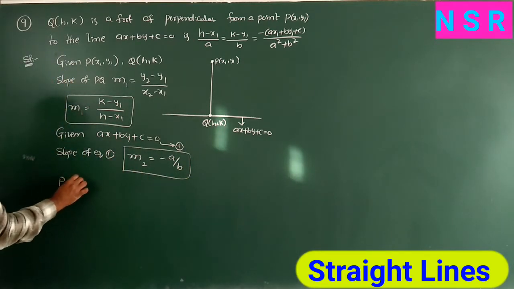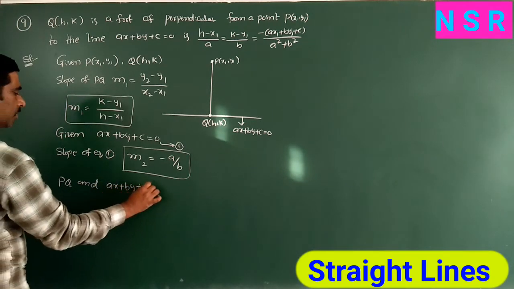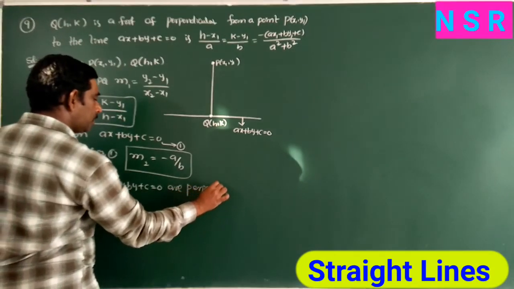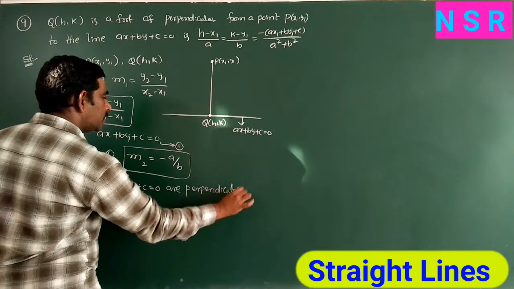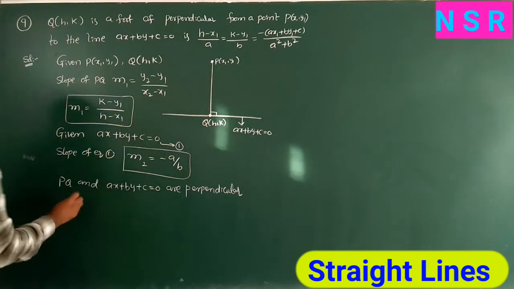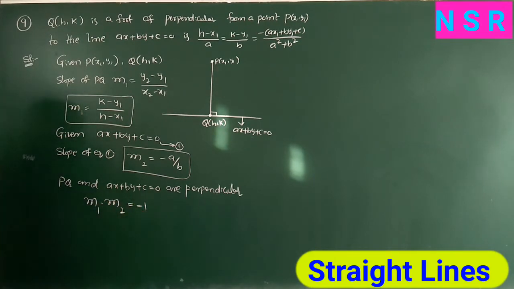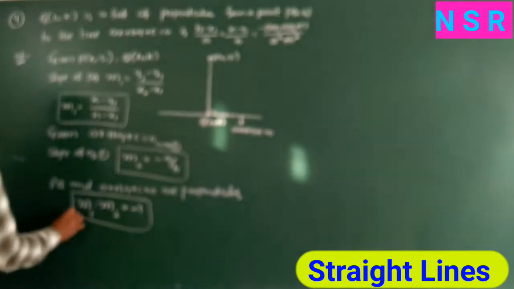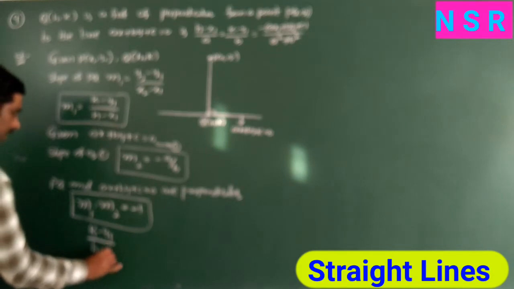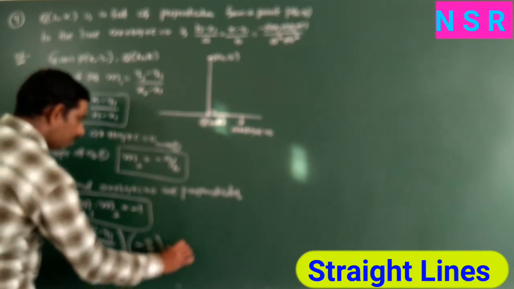So PQ and ax plus by plus c equal to 0 are perpendicular. First find the slope of PQ, next find the slope of this line. These two lines are perpendicular, so the product of slopes equal to minus 1, that is m1 into m2 equal to minus 1. k minus y1 by h minus x1 into minus a by b equal to minus 1.